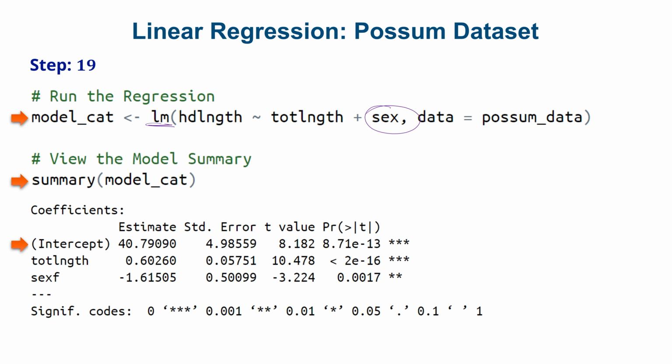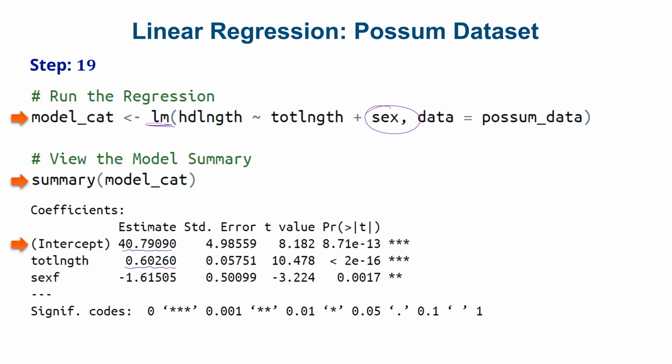The intercept has a value of 40.79, which describes the predicted head length for male possums when total length is equal to 0. The total length value equal to 0.60 tells us that for every 1 centimeter increase in body length, head length increases by 0.60 centimeter for males.